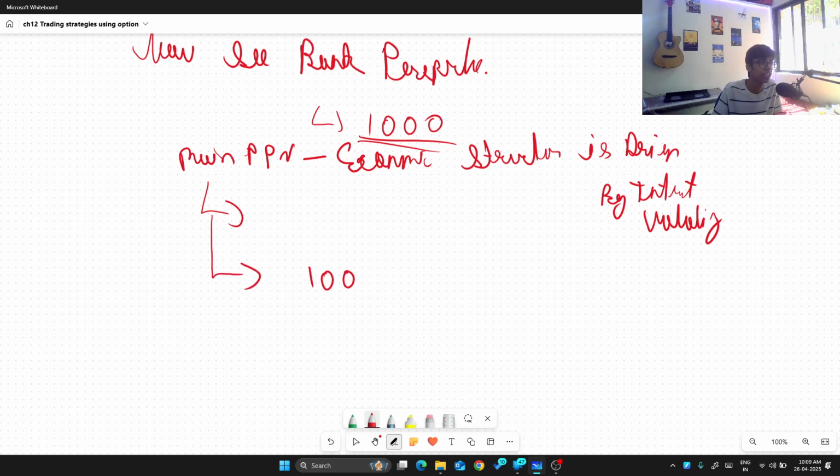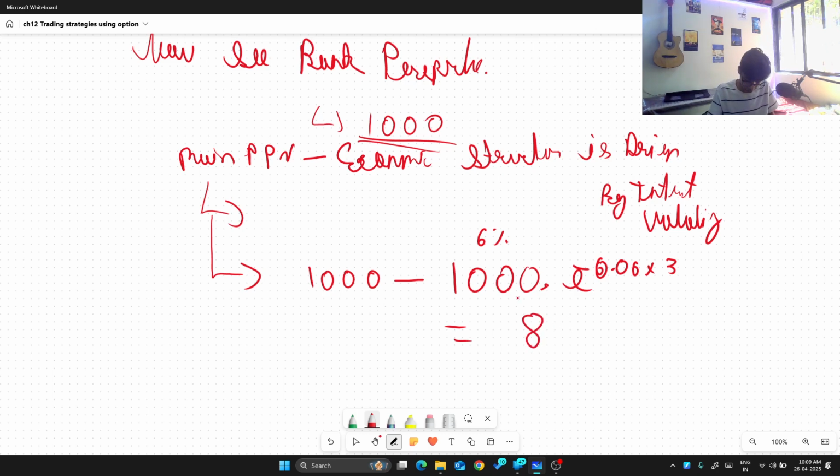Say we give 1,000 rupees, and the zero coupon bond has to be discounted. Let's say the interest rate is 6%, 0.06, for 3 years. That value comes around 86.07.